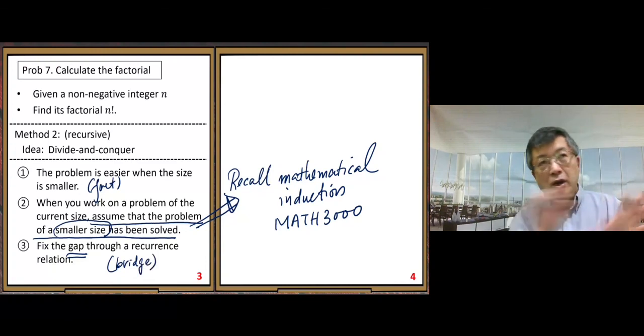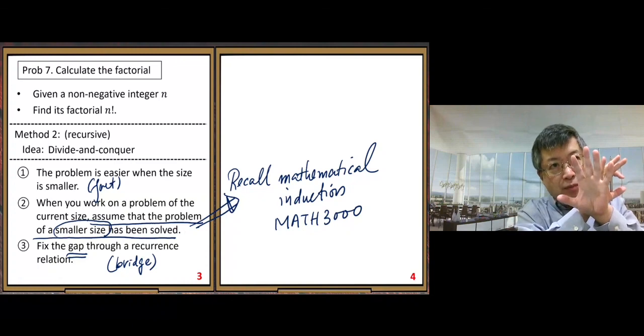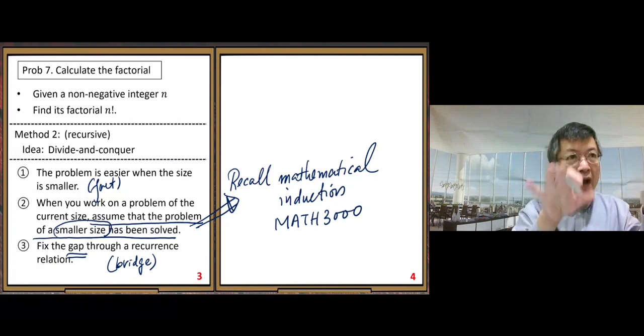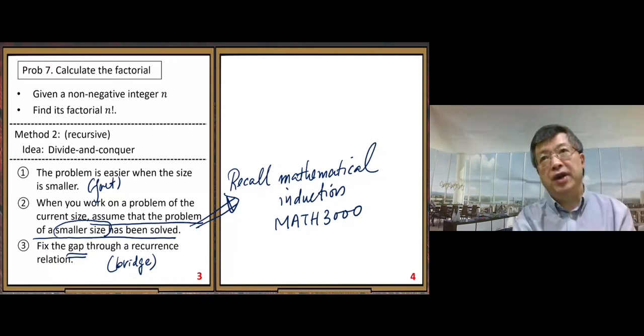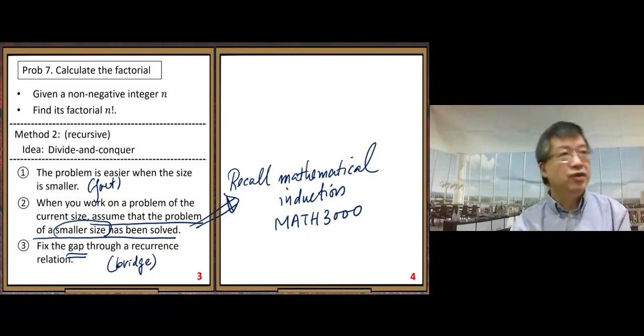If you can build a bridge between those two problems of different sizes, you get a recurrence relation. So then you just write a program, implement that recurrence relation, then you get problem solved.